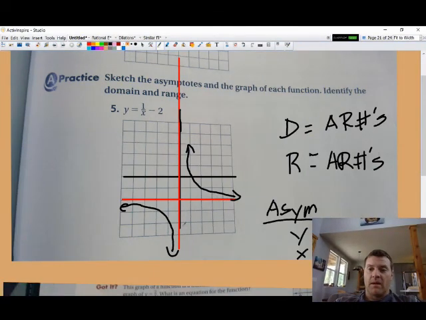So my x values cannot be 0, because they can't hit this line. Now my y values can be 0, because my y value here, right, that's going to be a y value of 0. My y values can't be what? -2. So y can't be -2, right? Make sure you put can't be those, okay?